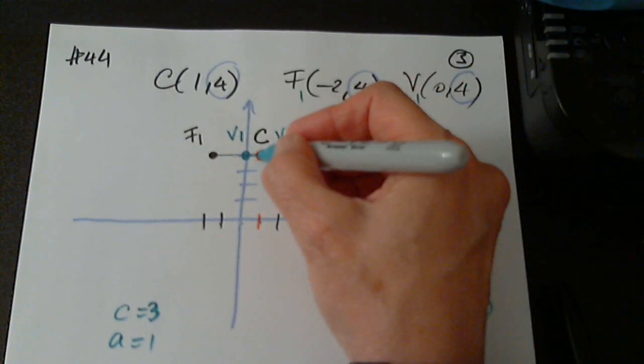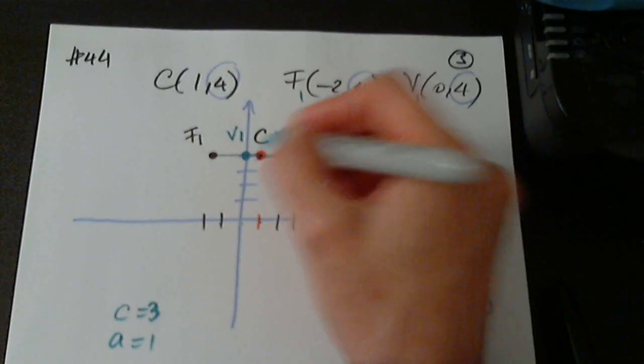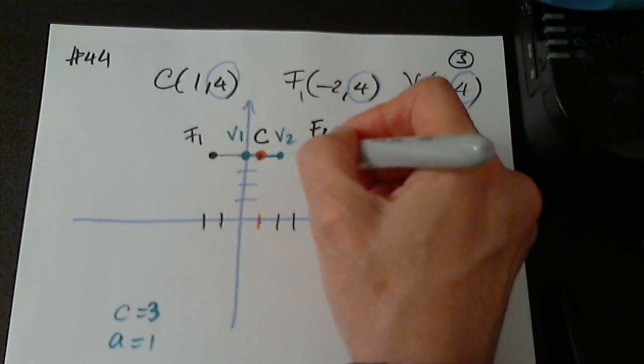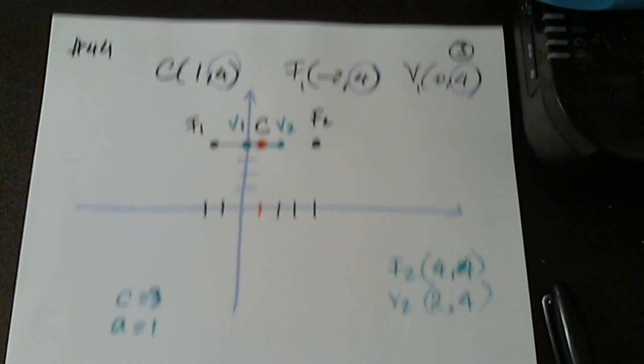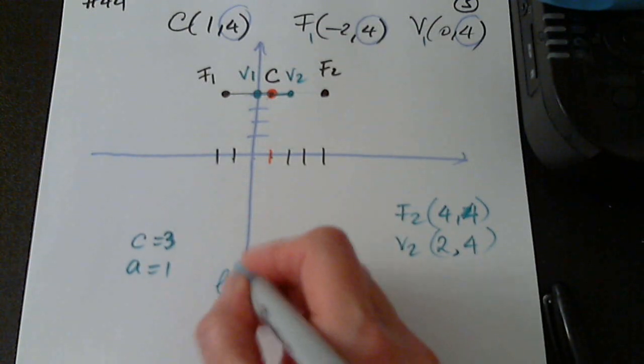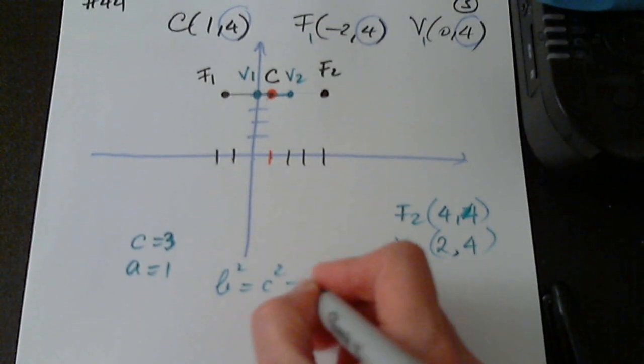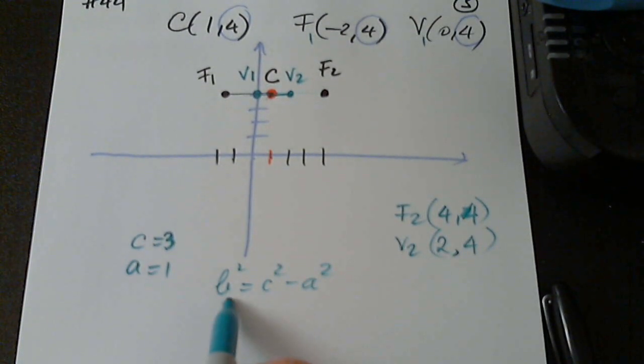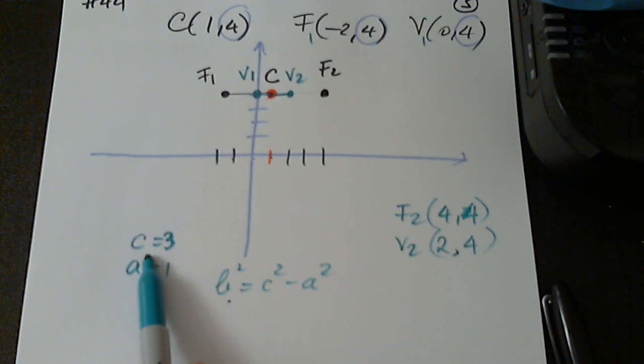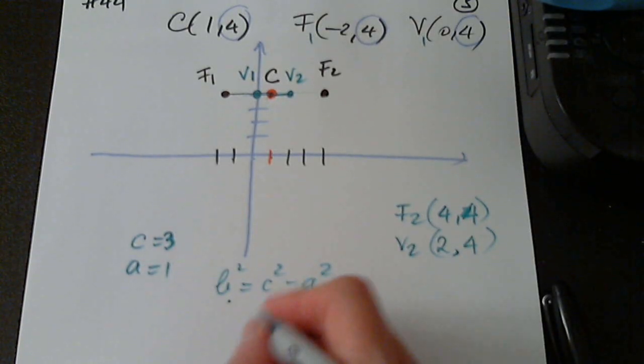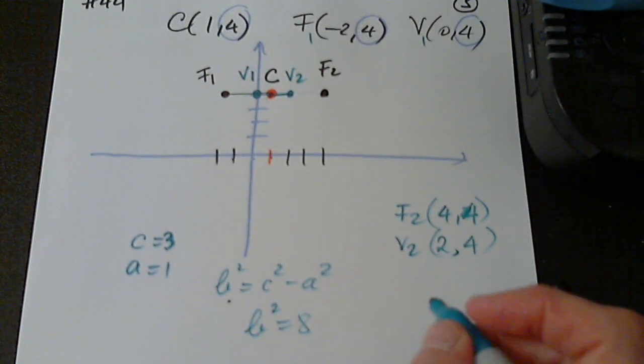The distance between the center and the focus is always c. And now I need to determine b. I know that b squared equals c squared minus a squared. c squared is 9, a squared is 1, so b squared equals 8.